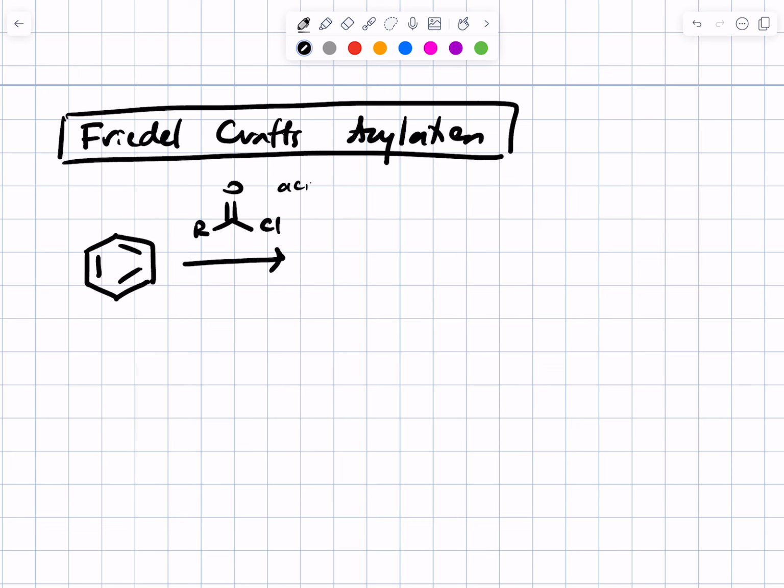What I've drawn here is an acid chloride. And then we're going to use the catalyst AlCl3, aluminum chloride. This is going to swap out the hydrogen on the benzene ring for the acyl group of the chloride. So this thing.